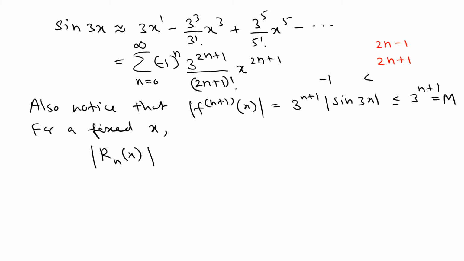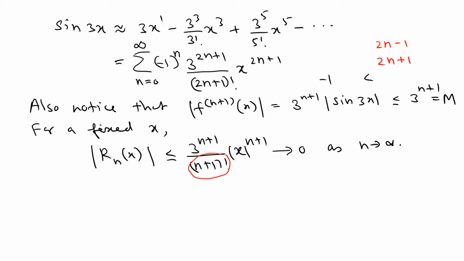The absolute value of the error is going to be 3 to the n plus 1, which is a fixed number, divided by n plus 1 factorial, times the absolute value of x minus a, in this case x. You can see x is a fixed number, and because of this factorial term in the bottom, this is going to go to 0 as n goes to infinity.